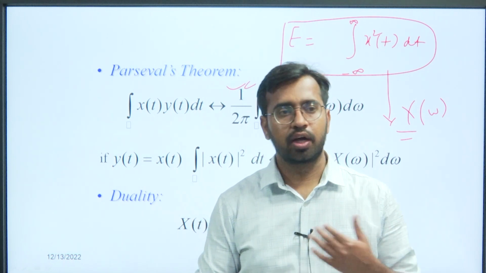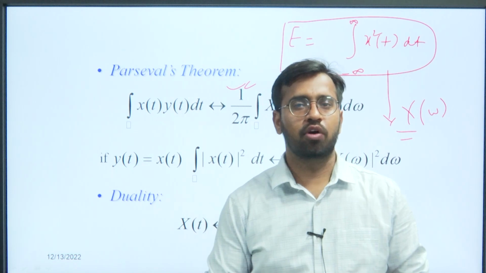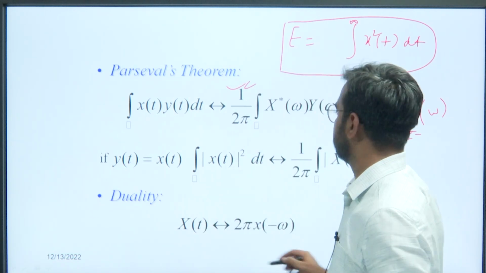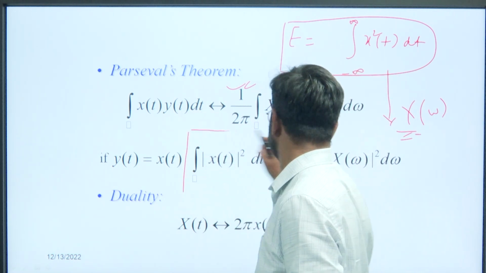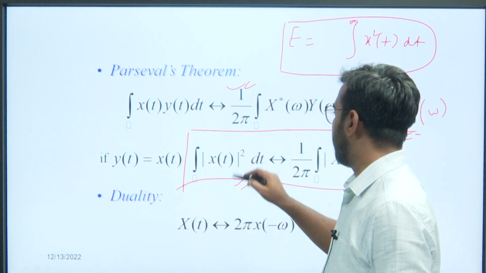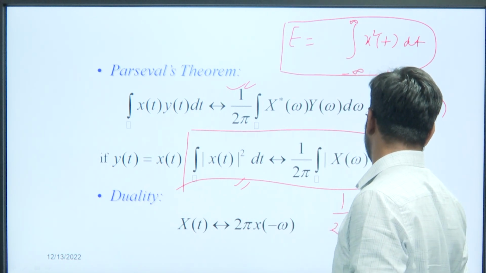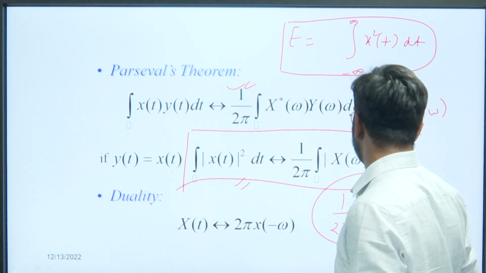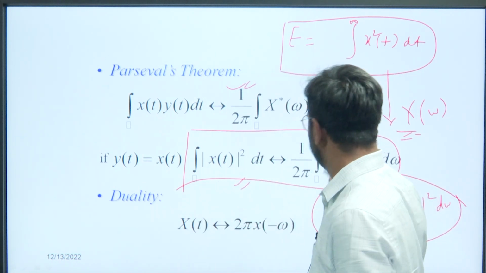Then the energy is equal to 1 upon 2 pi times the integral of |X(omega)| squared d omega. This is the conversion to the frequency domain.